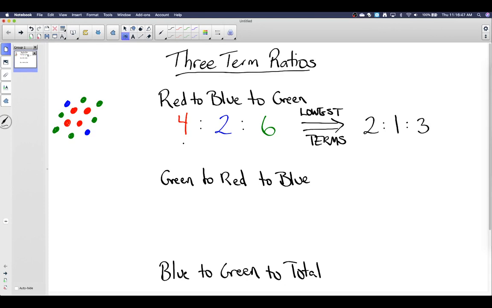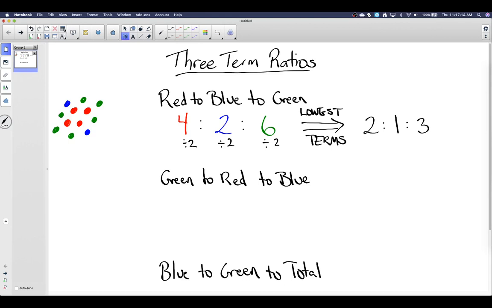And to get there, I really just took each term and I divided each by 2. Oh, sorry, those ended up looking like plus signs because I didn't pull my pen back far enough. So as long as you are multiplying or dividing all terms by the exact same value, you find an equivalent ratio. And if we're dividing, we want to keep pulling out common factors until it goes into lowest terms.